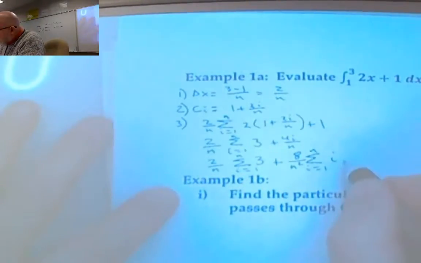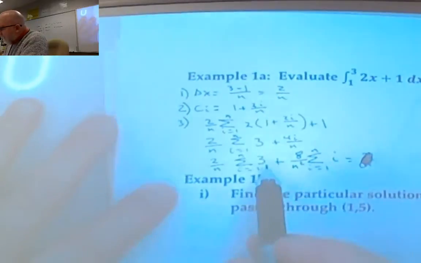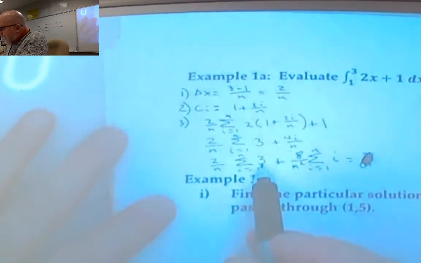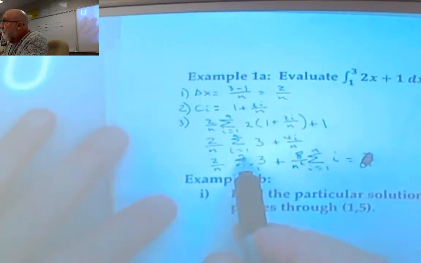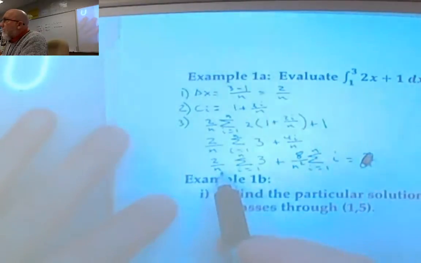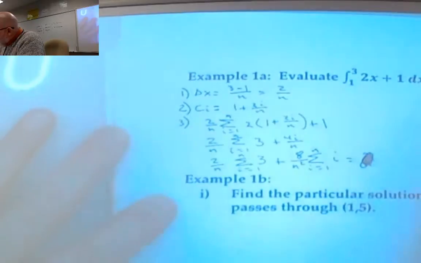Okay, so now I'm going to have 2 over n. Well, let's see. Maybe we can do this in our heads. I'm adding 3 n number of times and multiplying by 2 over n. What does that give me? 6.